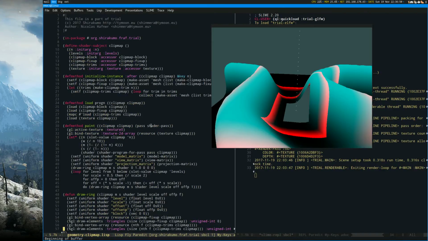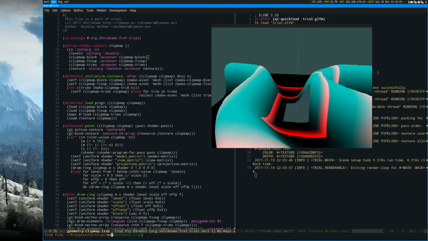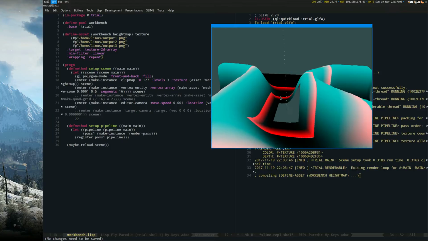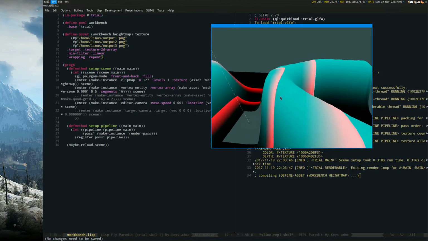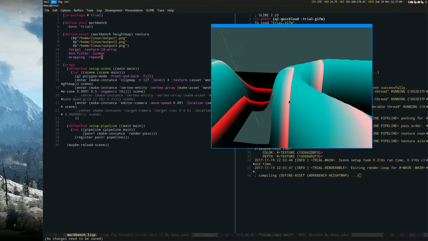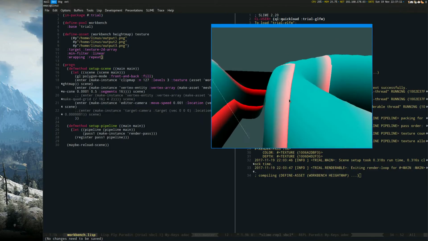So, one thing I wanted to try is what happens if I set this to repeat now, instead of clamp, because things are not quite right. You see?